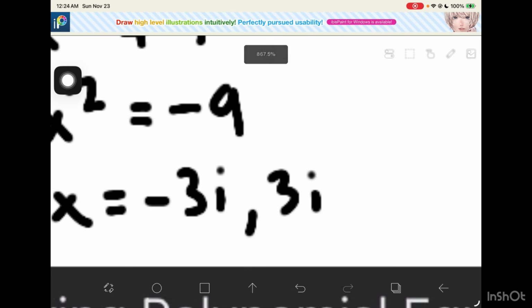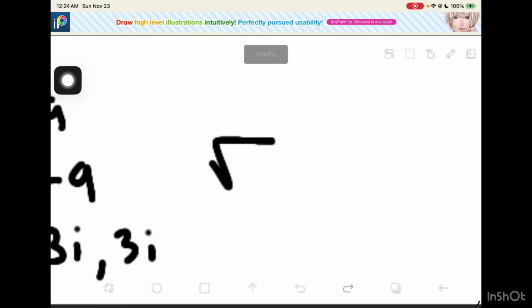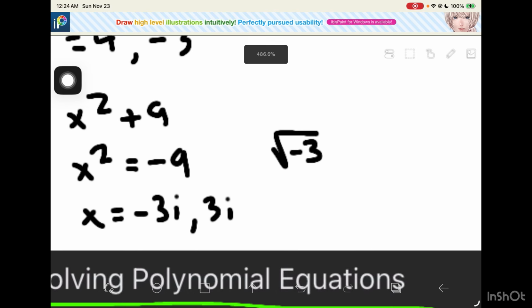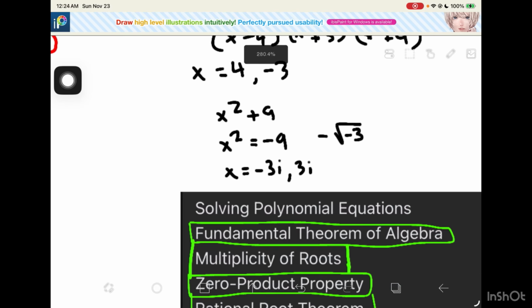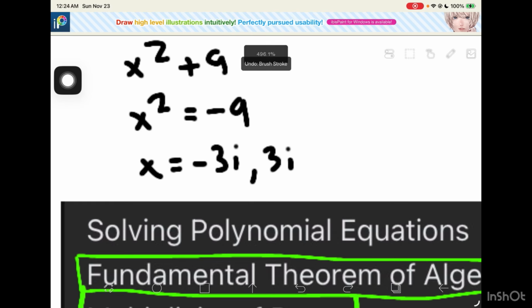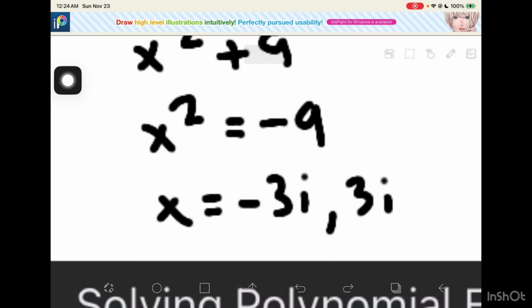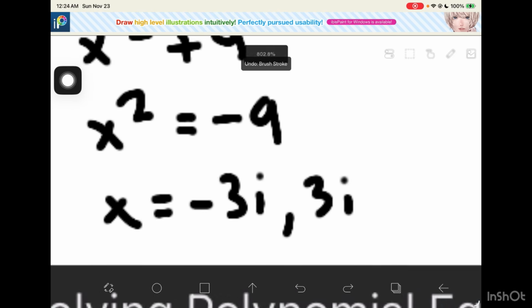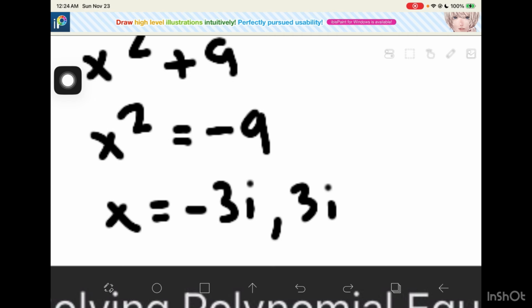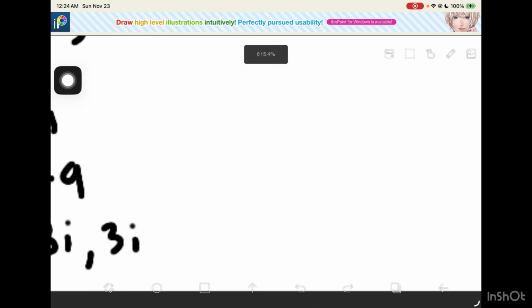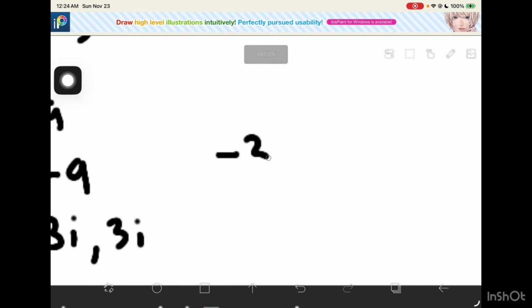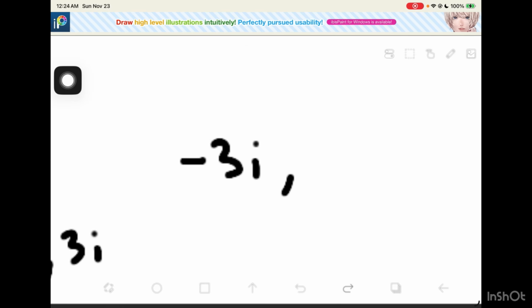Or you could also rewrite this as root of negative 9 and negative root of negative 9. So why is this the case? Because all you need to do is actually find the square root of this one, and then that's basically it. So just square root this number and then find the plus minus. In this case it's negative 9, right? So it's just negative 3i and then 3i.